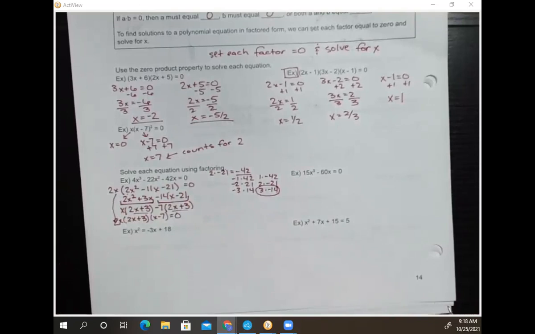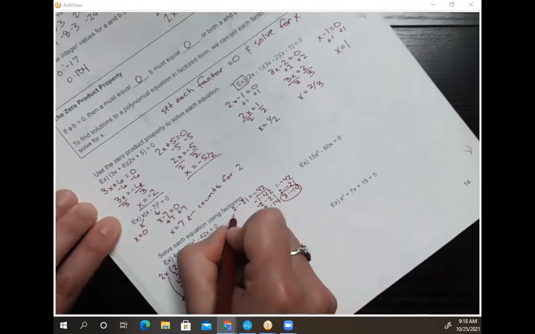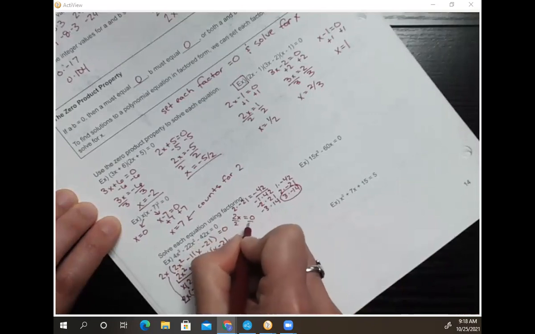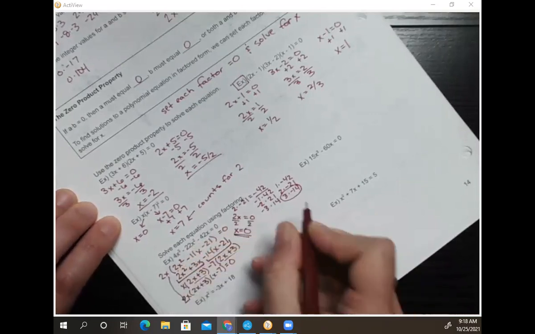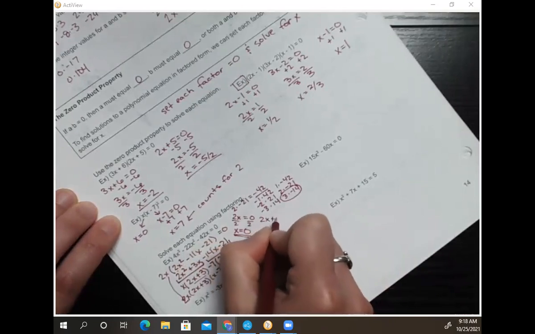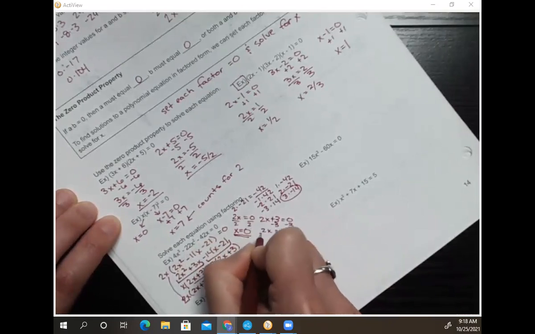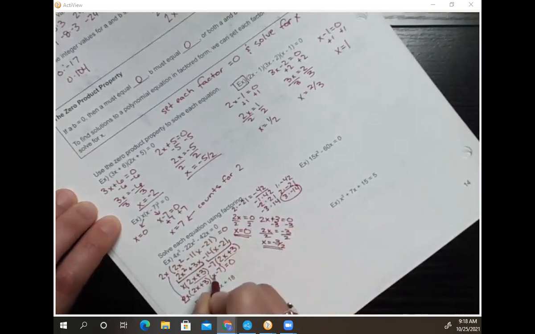Once we have our factored form, we can find our solutions. So I'm going to set each of these, I'm going to turn my paper just a little bit, each of these equal to 0 to solve. So 2x set equal to 0 gives me a solution of 0. 2x plus 3 set equal to 0, and solve for x, gives me a solution of negative 3 over 2.